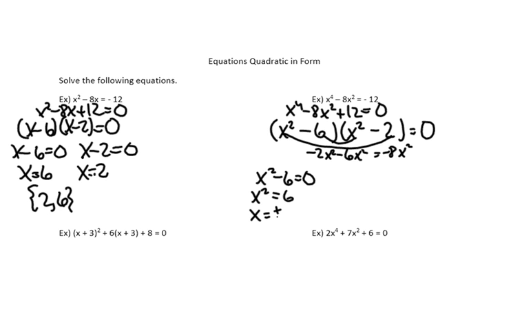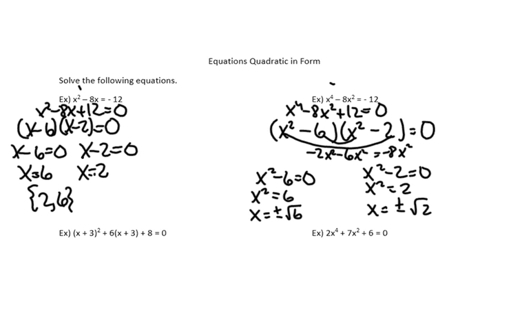Remember, plus or minus when you take the square root property. So now I have 4 solutions: plus or minus the square root of 6, and plus or minus the square root of 2. Again, notice the degree of this problem is 4, and we have 4 solutions. Here we had a degree of 2, and we have 2 solutions.